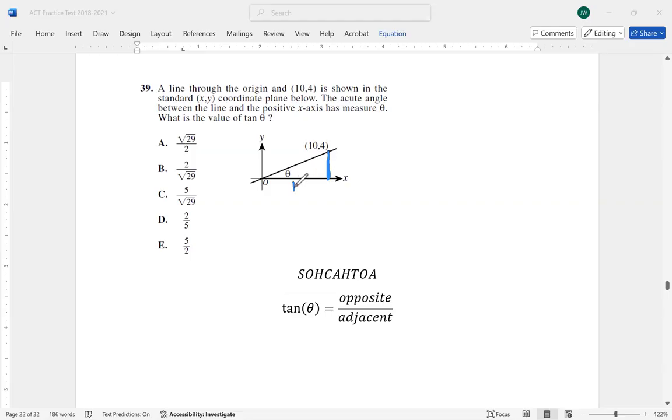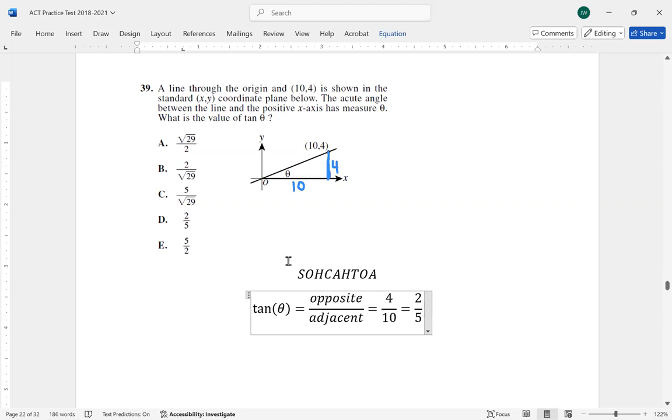Notice that we have a side of this right triangle, length 10, which is adjacent to the theta, and length 4, which is opposite of the theta. And therefore, the tangent of that theta is going to be 4 divided by 10, which reduces to 2/5. Therefore, the answer to question 39 is option D, which is 2/5.